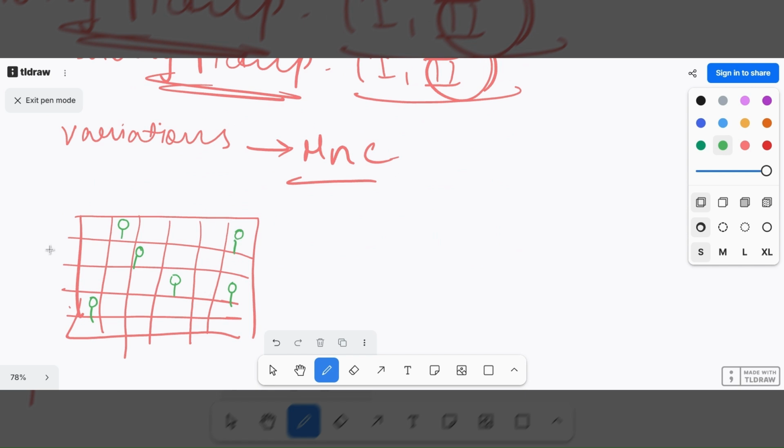So these are the cherries, and somewhere zeros are given. That means you cannot visit those cells. And one person, let me draw a person with a different color, is standing here at 0 0.